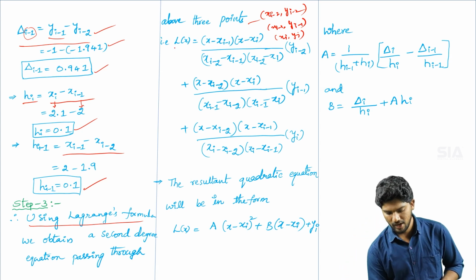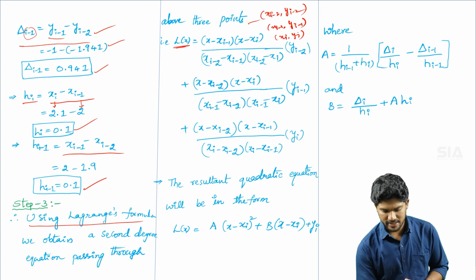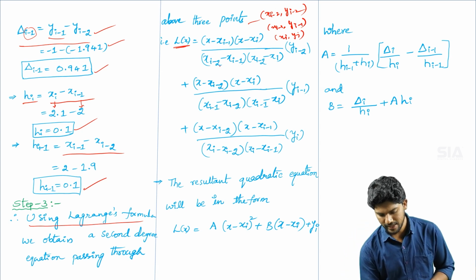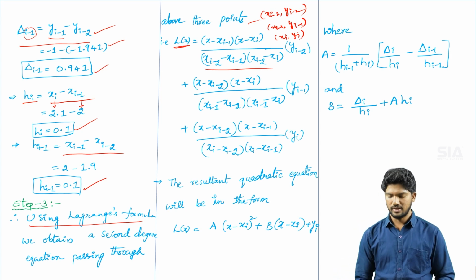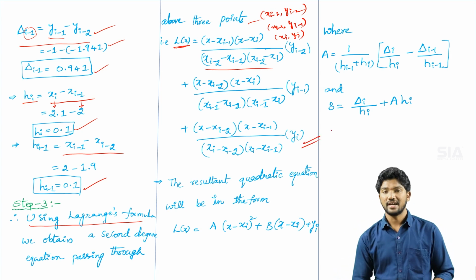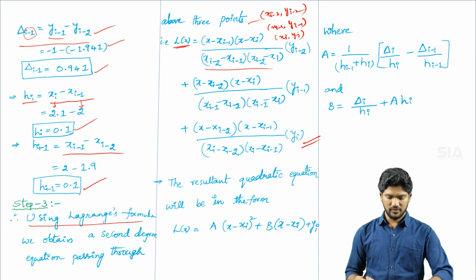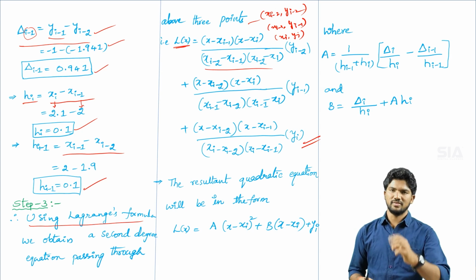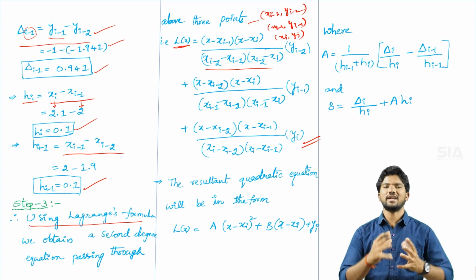That is L of x, equal to x minus x suffix i minus 1 into x minus x suffix i, divided by x suffix i minus 2 minus x suffix i minus 1, and so on for the total value. This total equation represents Lagrange's equation. If you simplify that equation, you will get a second degree equation, which is nothing but a quadratic equation.